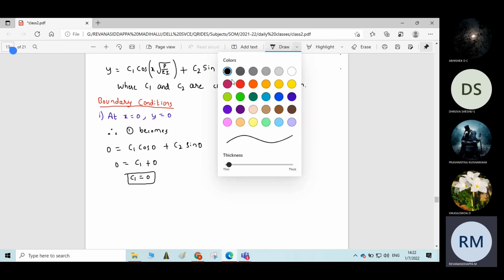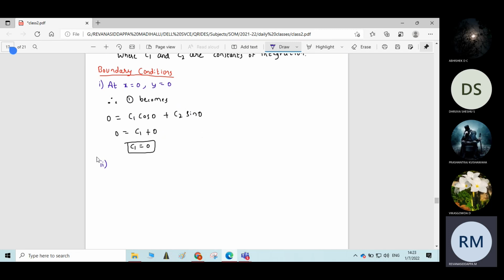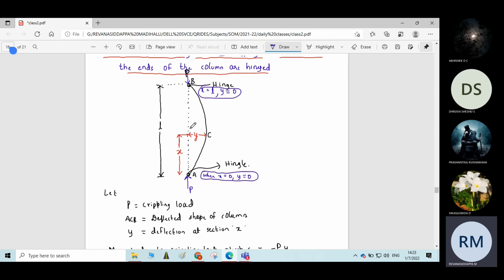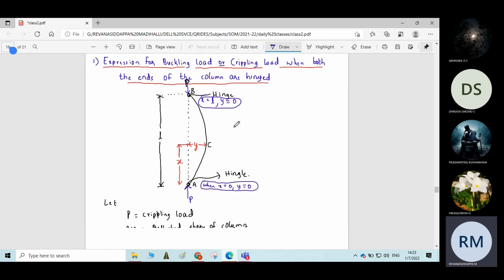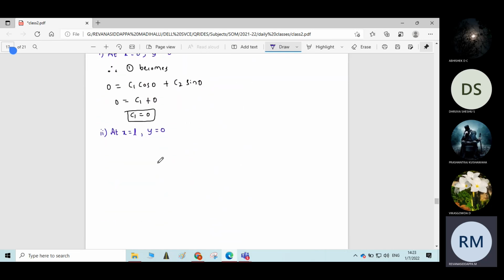Now the second boundary condition. What is the second boundary condition, students? At x equal to L, y is equal to 0, at point B. In the same equation, we substitute x equal to L and y equal to 0.